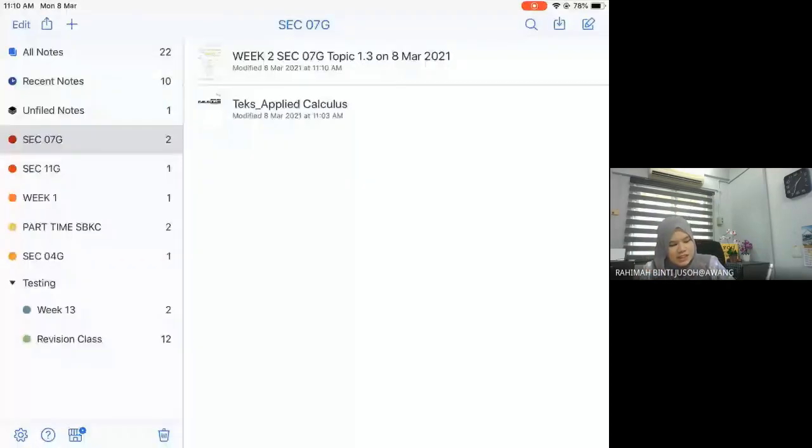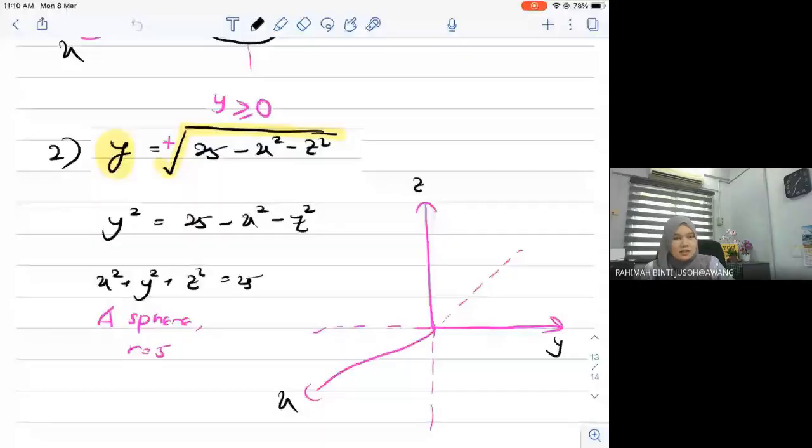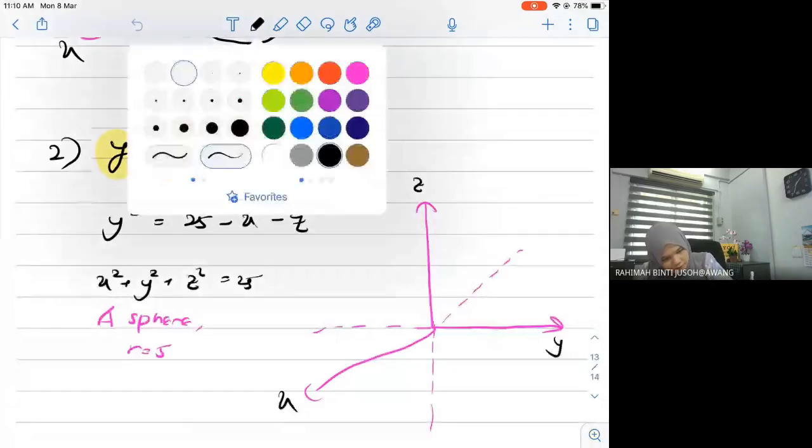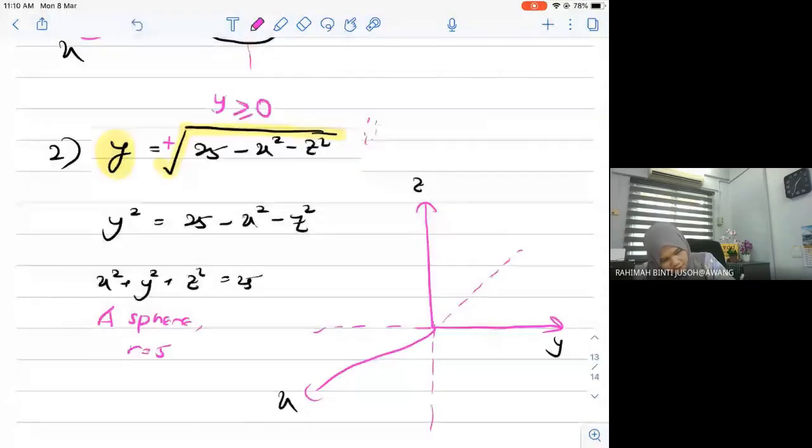So apa jadi kalau ikutkan equation ni dia sphere, tapi soalan asal dia adalah square root. So bila square root only half of it, so we will get a hemisphere. Okay, hemisphere. So hemisphere kita belah mana ni?